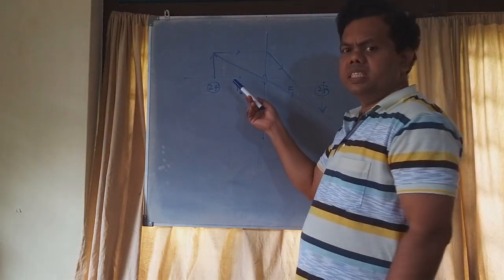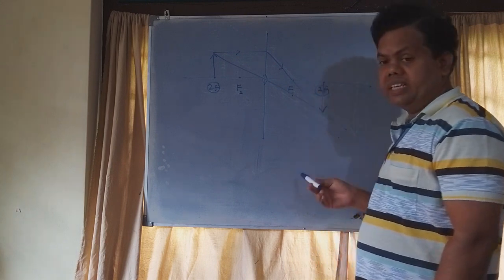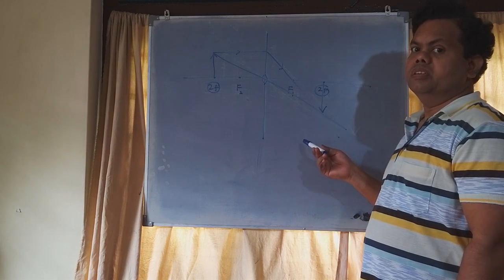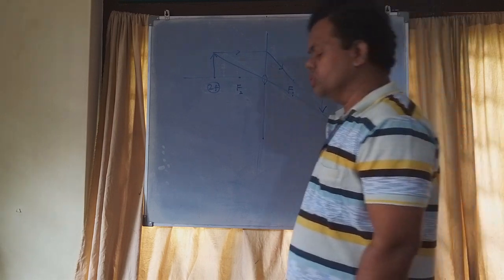When the object distance is 2f, a real inverted image is formed where image distance is also equal to object distance of 2f.